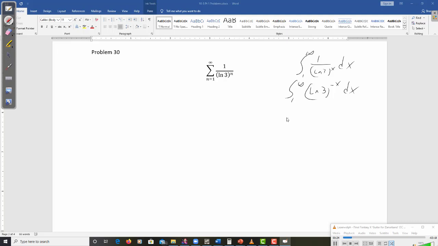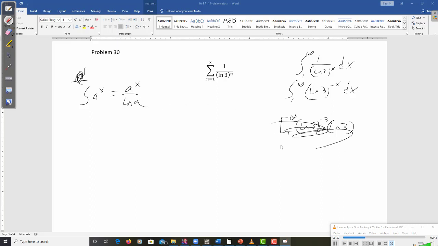Integrate that, and you will get ln of 3 to the negative x times ln of 3. Yeah, because derivative of a to the x... Oh, no. The integral of a to the x is a to the x over ln of a.